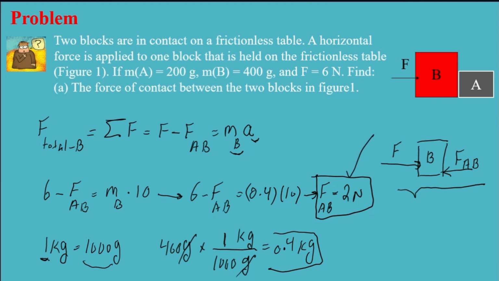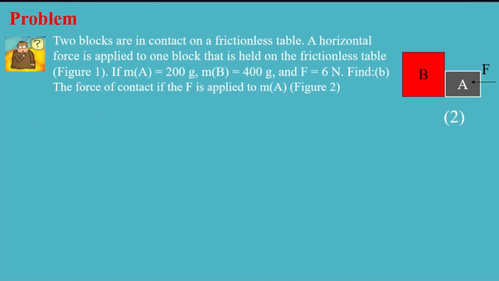Now let me calculate part B. Let me write down the second Newton's law for object A. So that's going to be F total A equal to MA times acceleration.